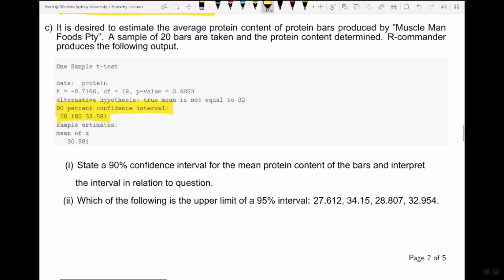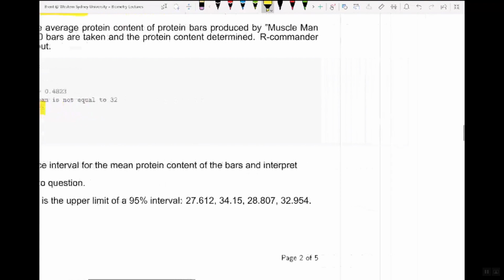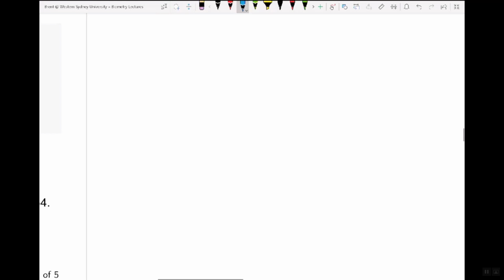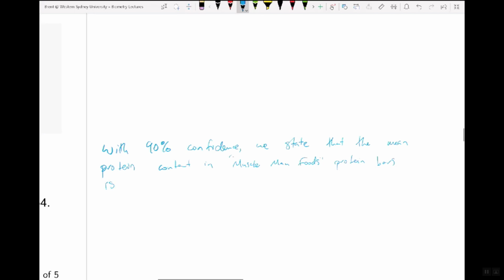With 90% confidence, we state that the true mean, or the population mean, the mean protein content, so I'm going to be specific to the context of the question, the mean protein content in Muscleman Foods protein bars is between, and that's where we quote the values they gave us, 28.180, I'm going to say grams, they didn't say it in the question, to be fair, and 33.581 grams.